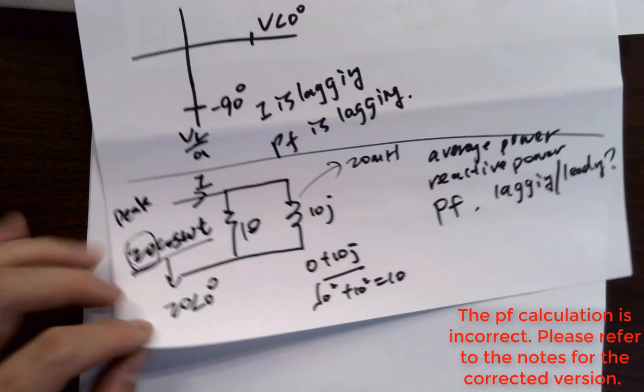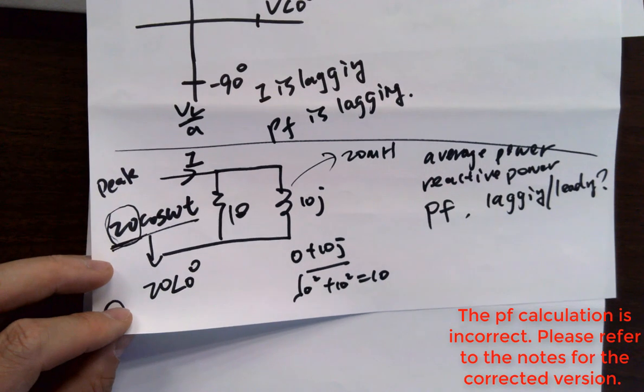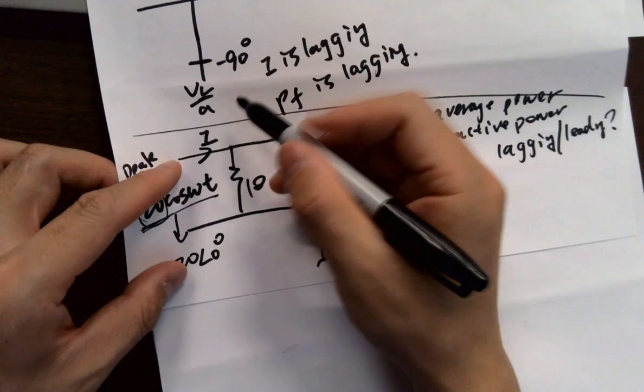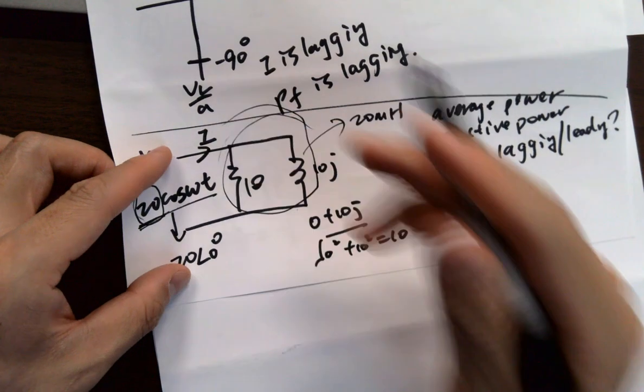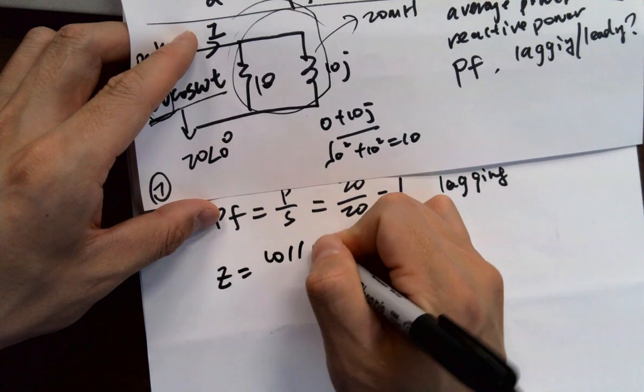Okay? Do you want to verify it? Let's see. So what's the overall impedance? Z equals what? 10 in parallel with 10j, okay?